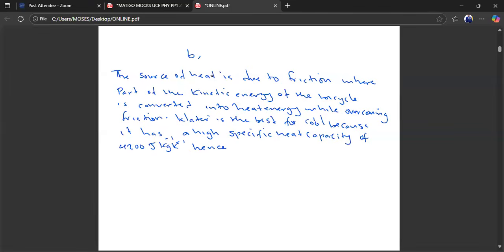Hence, it can absorb a lot of heat with a lower increase in its temperature.